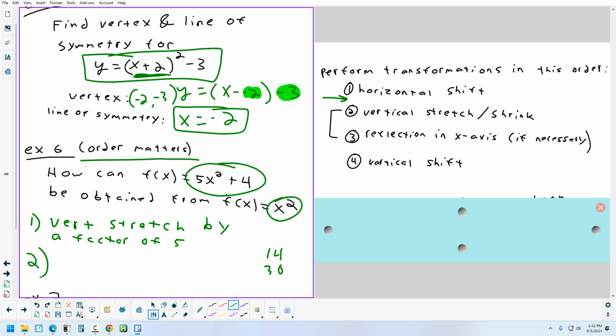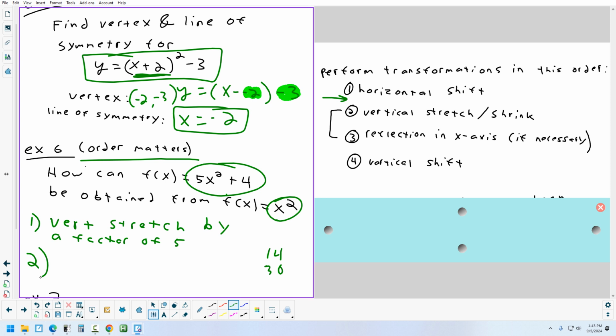What's the other number in that problem we still need to deal with? Well, yeah, the plus 4. What does adding 4 on the end, what does that do to it? Adding a number on the end. Well, it's definitely after vertical stretch because we have to do them in the right order.